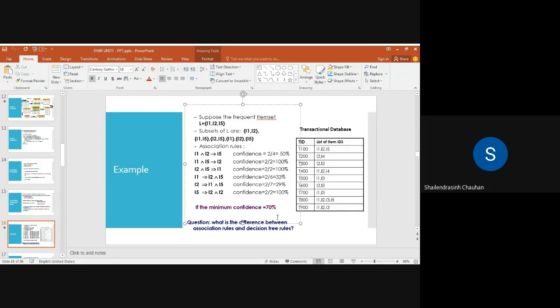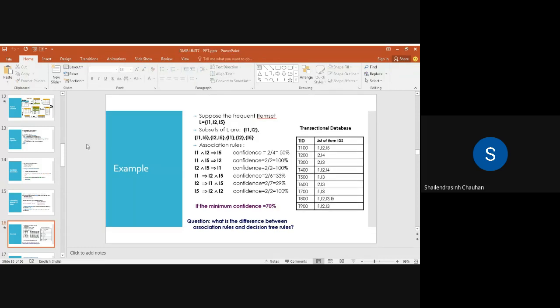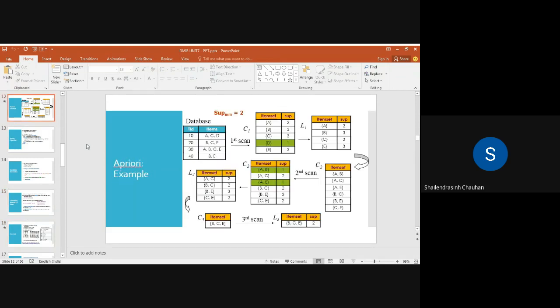And there is a concept of minimum confidence to find out strong rules. First of all, let us try to find out the rules, and then we will understand the concept of strong rules. Again, repeating this part: whenever you want to find out association rules, it is based on the largest frequent item sets. So first you need to find out the largest frequent item set, and then find the rules.